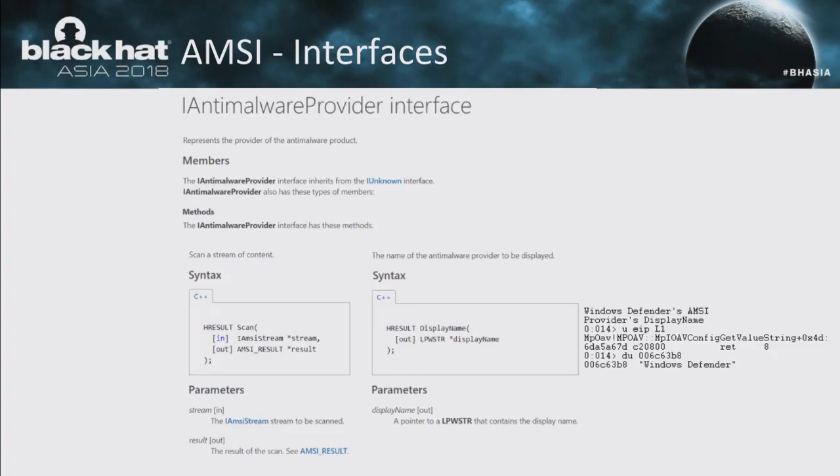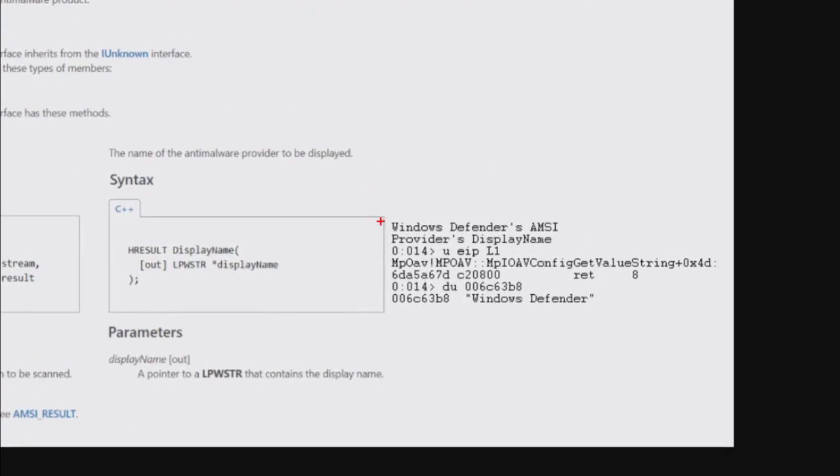The anti-malware provider is the object that the anti-malware needs to provide the operating system in order to process scans. Now, it needs to export two functions, a scan function, well that makes sense, it needs to scan things, and a display name function, which I haven't figured out what it's used for, but it's there, and I forced Windows Defender's AMSI provider to call its own display name function, and the name was Windows Defender, big surprise.